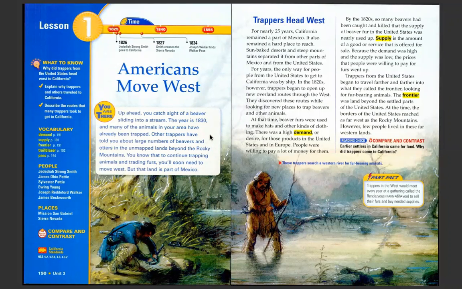All right, let's be on page 190. I'm going to go ahead and start reading. We are moving into statehood. That means for California. So we're starting unit 3, which is called The Road to Statehood. And we'll be talking a little bit more about the beginnings of it in class today.